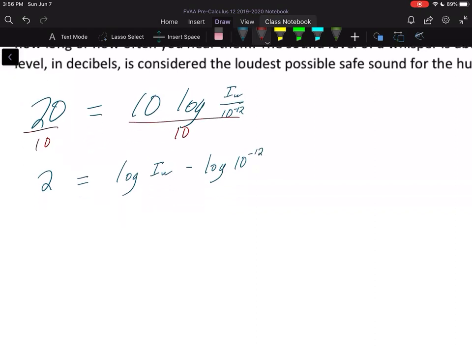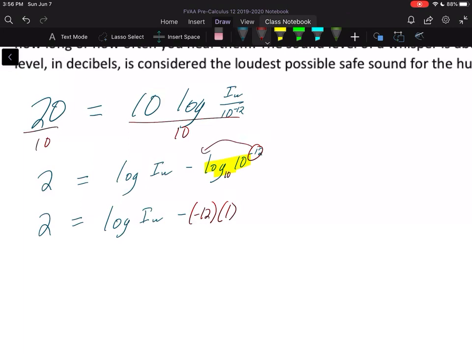Okay, now here, remember that base is 10. So I have 10 and 10, and then I have negative 12. And so what I get here is 2 is equal to log intensity of a whisper minus negative 12 by moving that to the front. And then because it's log 10 to the 10, that equals 1, so it is log plus 12.